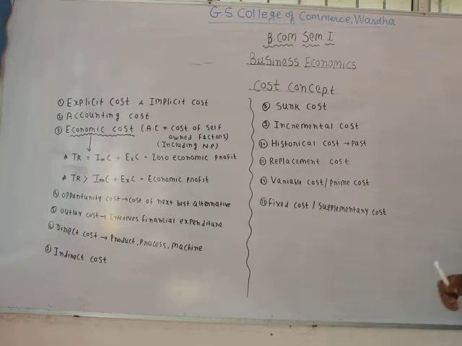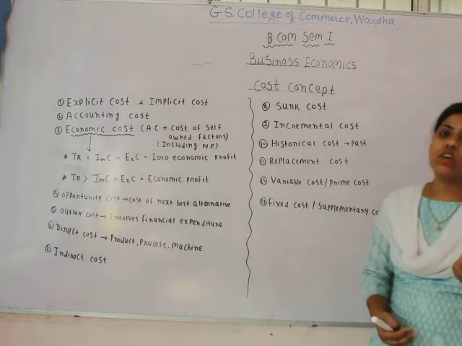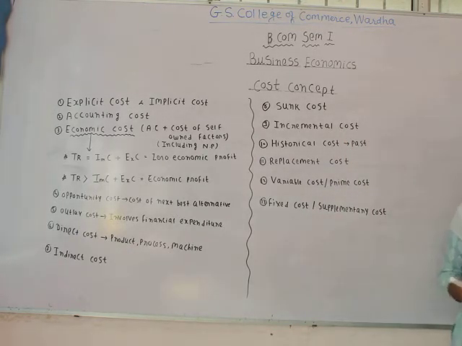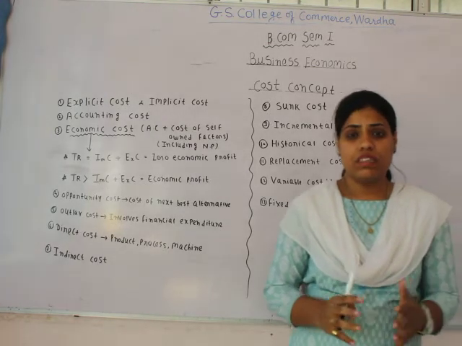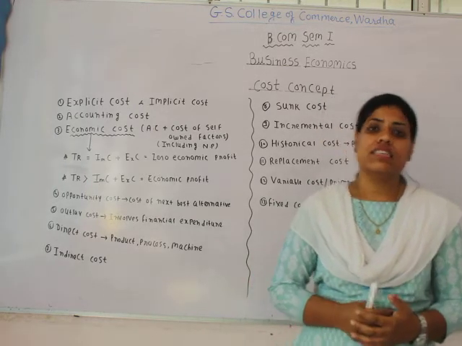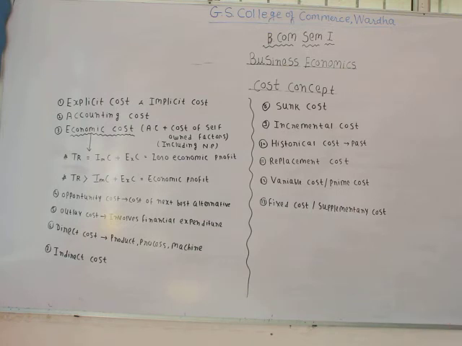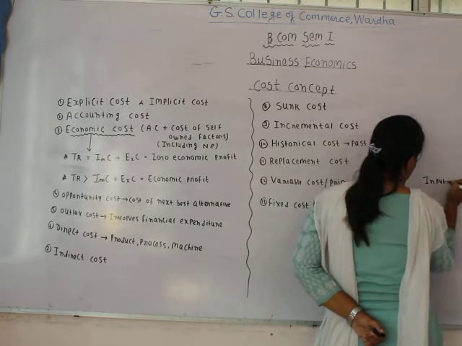So before understanding the cost concepts, we need to understand what is the meaning of cost. What is actually the cost? Cost is the amount of expenditure that has been spent for the production of particular goods and services. Like while discussing production function, we have seen that production function is a relationship between input and output.